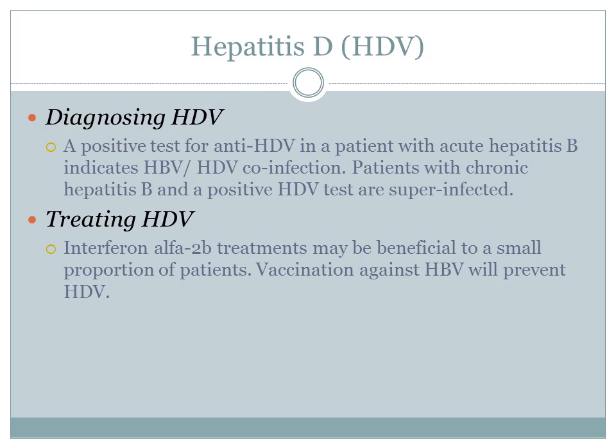Patients with chronic hepatitis B have a positive hepatitis D test and are then super-infected. Treating the hepatitis D, again, interferon treatments are beneficial in a small percentage of patients. Immunization against hepatitis B would naturally prevent the hepatitis D virus.